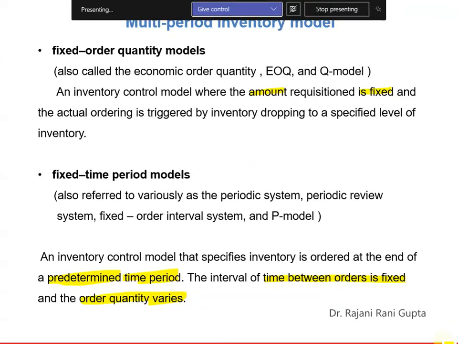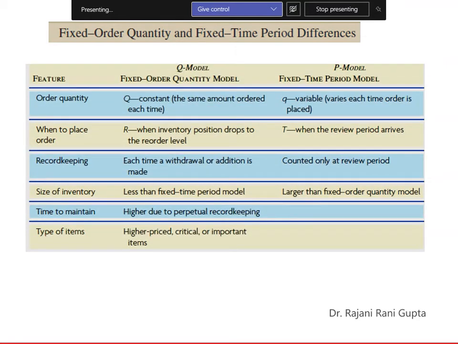Now, when we have to work under these, we should first know the basic differences between the fixed order quantity and fixed time period models. These are the differences between the Q model and the P model, based on these features. If we talk about the order quantity feature, the order quantity, generally denoted by Q, the economic order quantity, means how much to order.